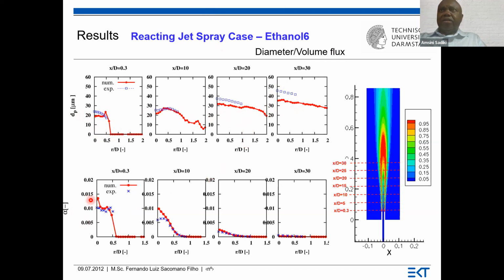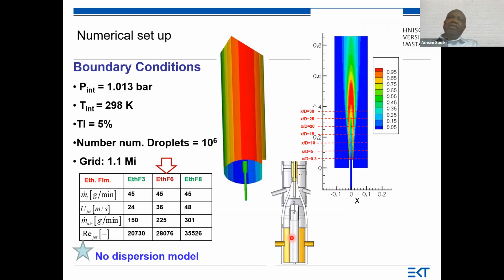And this is the flux we obtain, and here we have a very good agreement with experiment. In this case, we didn't consider the dispersion model. Why not? We have assumed that the turbulent kinetic energy was resolved to a very good amount, more than 80%.